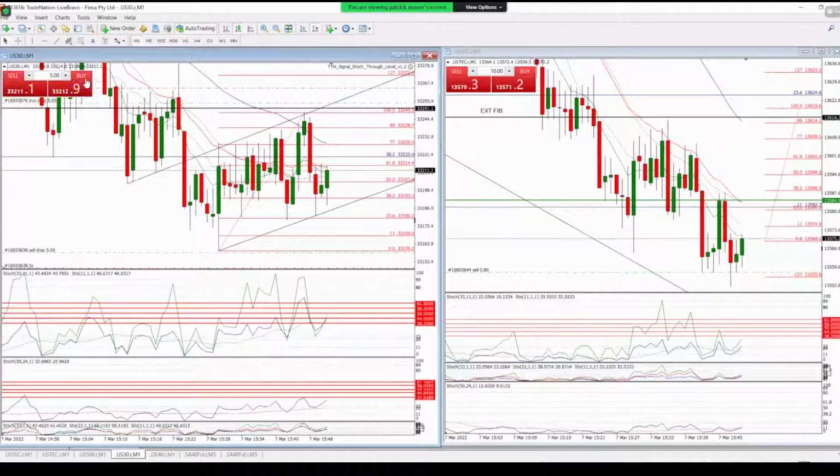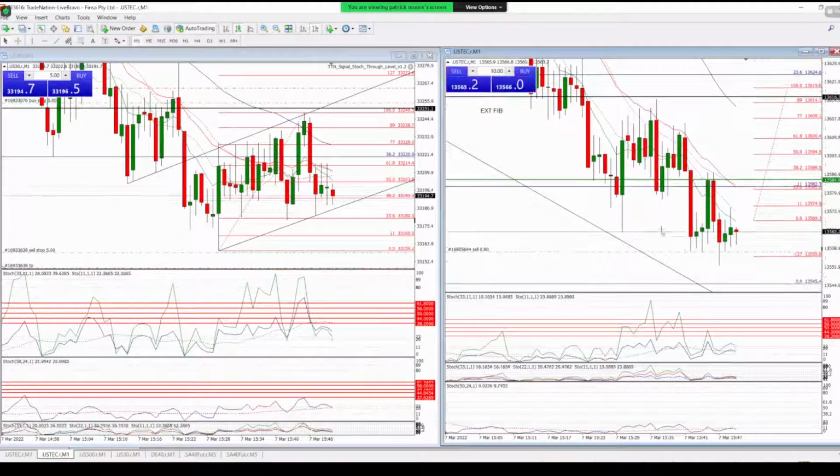Watching stochastic again. If you like, US Tech qualifies for trend chaser there.